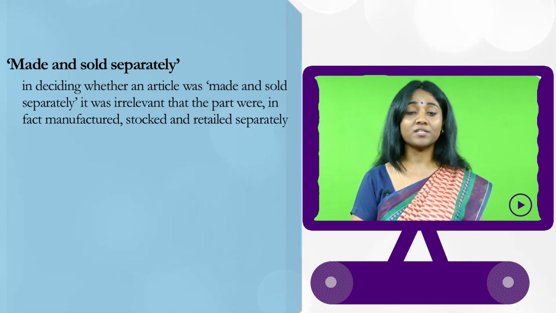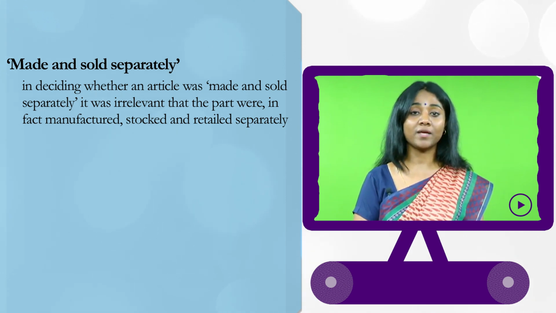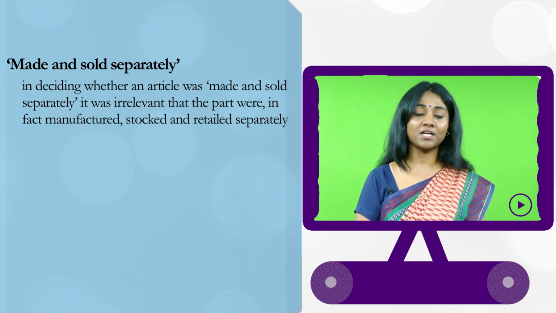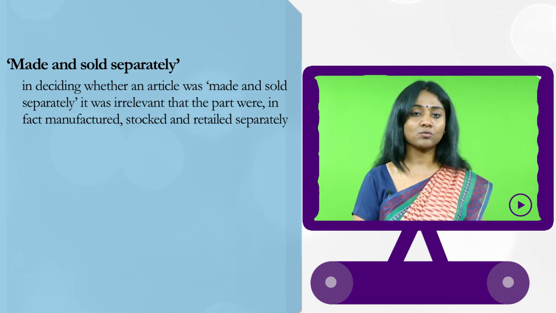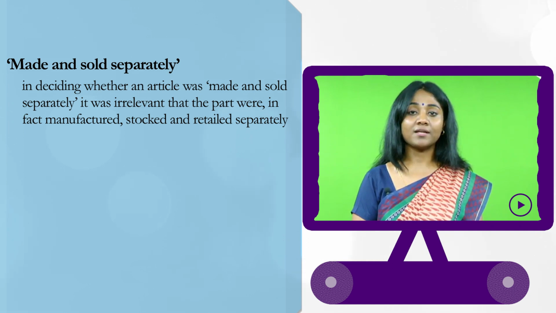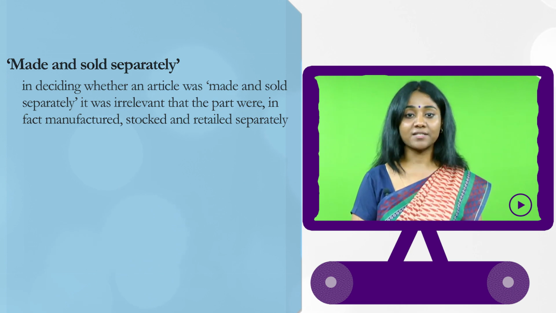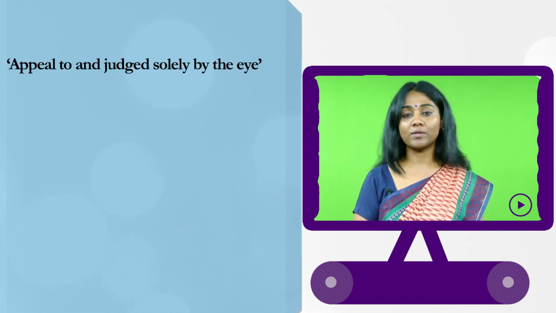However, what is important is, since the visual effect needs to be applied to an article, this application has to be done in a way which can be removed from the article and is not intrinsic to add a functional value to such an article. And therefore, design goes on to protect only the ornamentation or the visual effect. Appeal to and judged solely by the eye.